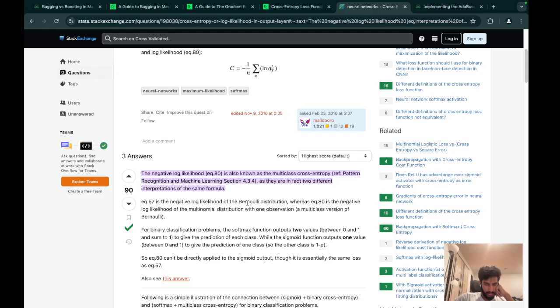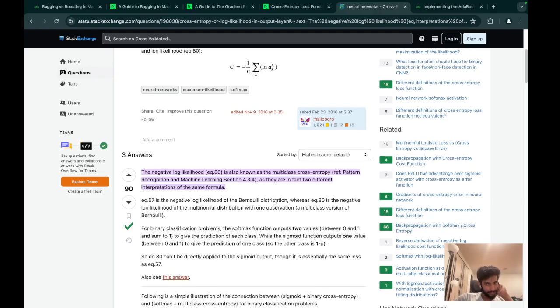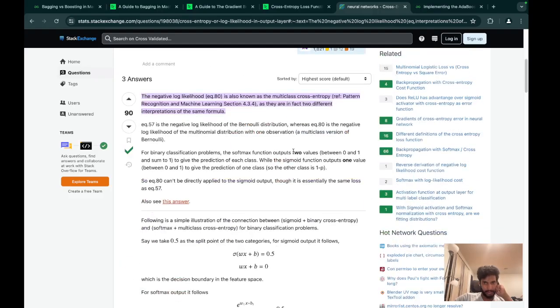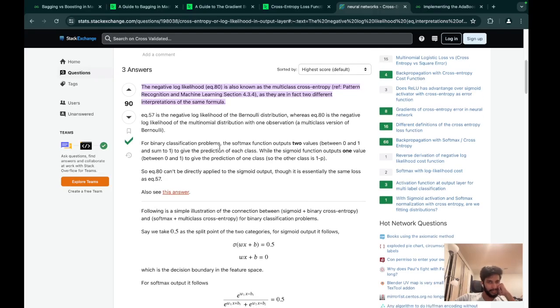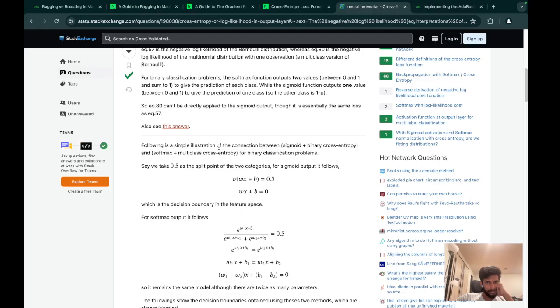The negative log likelihood of a Bernoulli distribution, versus a multinomial distribution for multi-class. So yeah, this is like Bernoulli trials from our statistics class. You have Bernoulli, you have binomial, and so on. For binary classification problems, softmax outputs two values.